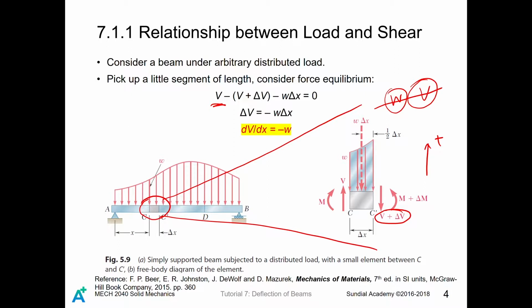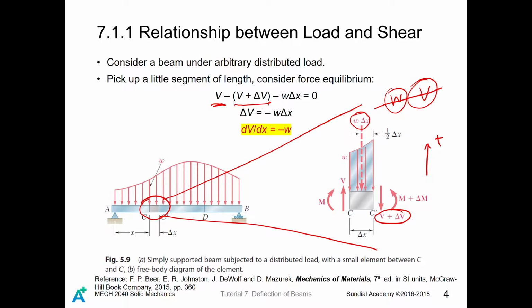So we subtract this amount from V. Besides, in this schema, we know that for this distributed load, the total load is given by W delta X, where W is the average value on this little piece of the element.